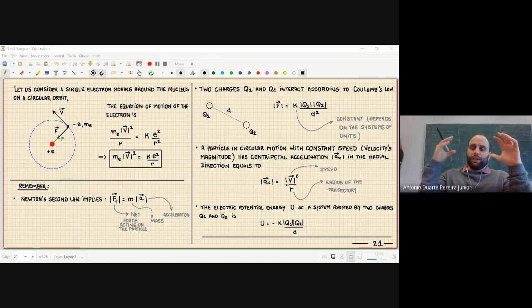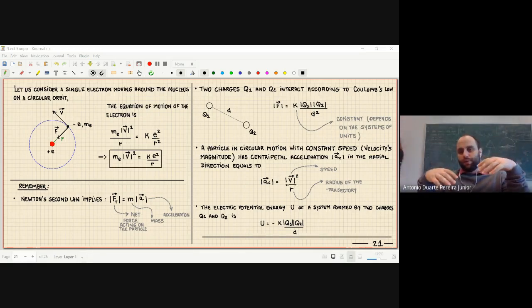Now, if I had a system with charges of the same sign, then they will try to repel each other. So it cannot be that the energy of one system is the same as the other, because one is making the charges get closer and the other is making the charges move apart. And the key aspect that characterizes this for you is this sign.